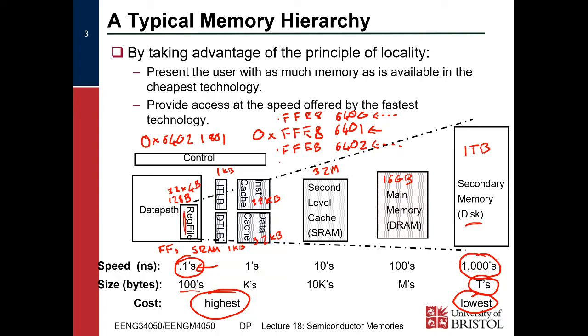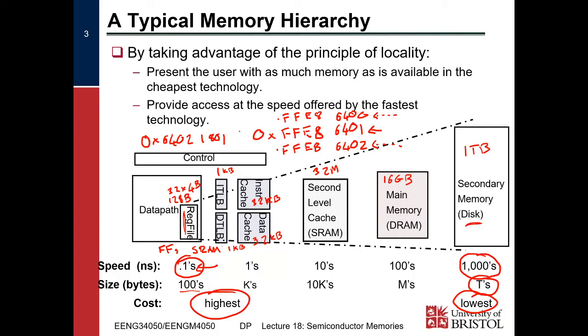This is the principle of locality, right? Data items close to the ones we've most recently accessed, and the one we've most recently accessed itself, are more likely to be accessed soon.